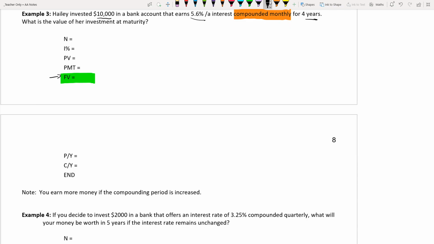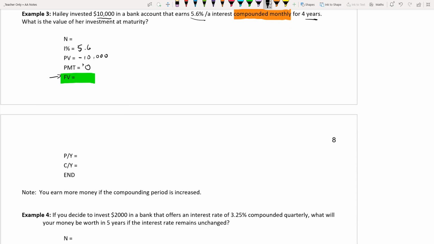Haley has invested $10,000. So presently, she has given away, not given, but invested away $10,000. She earns 5.6% interest. The amount of regular payments is $0, so you just put 0. My future value I'm going to leave as it is.